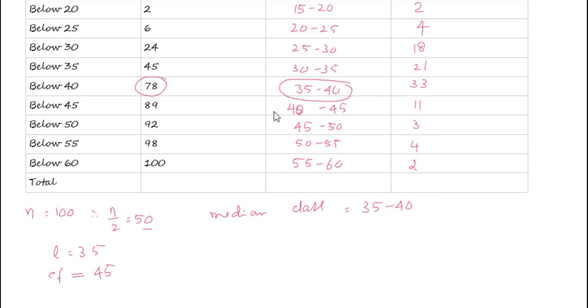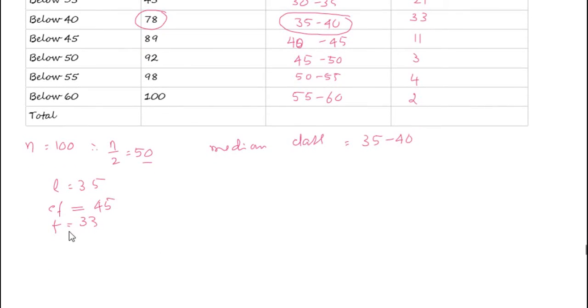Frequency F. F is the frequency of the median class, that is 33. And we need the H. H is the class width, that is 5.